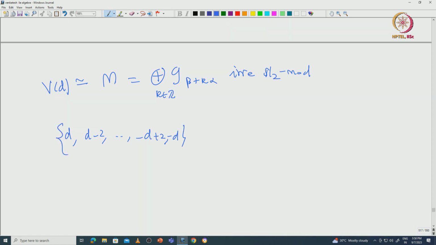So, this must be exactly equal to the set of beta of H alpha plus 2k, where this beta plus k alpha comes from S of beta of alpha. Okay. So, this is exactly what we have. Since they all differ by multiples of 2, you can see that.